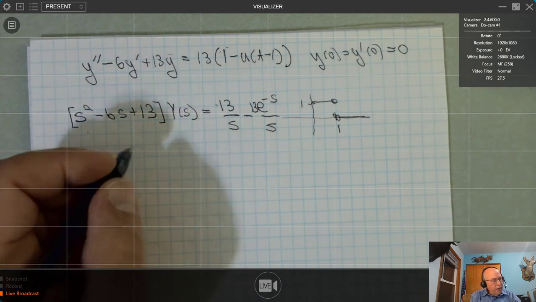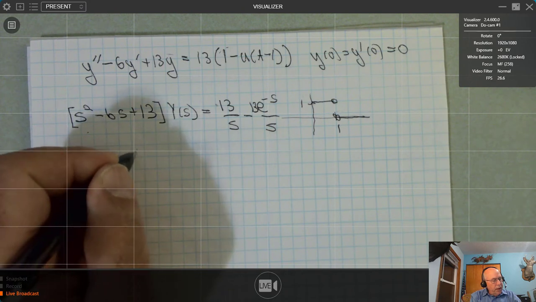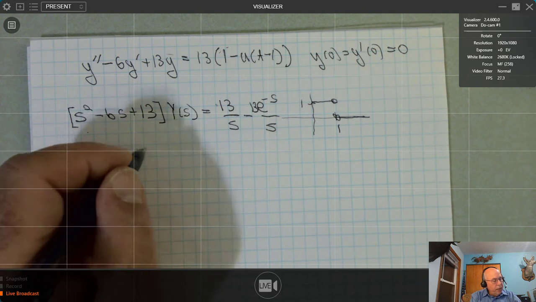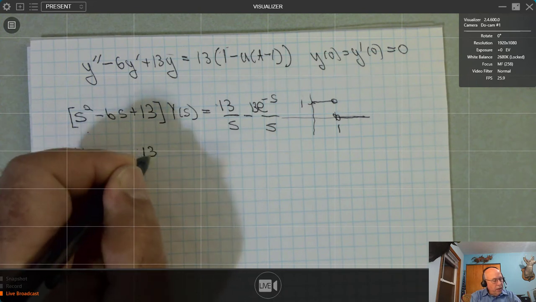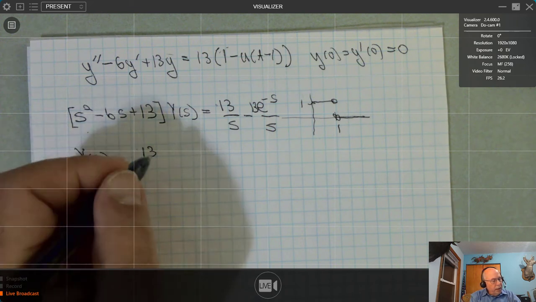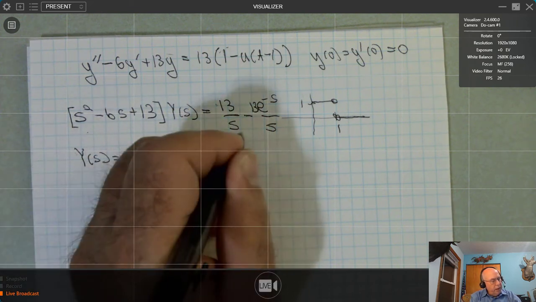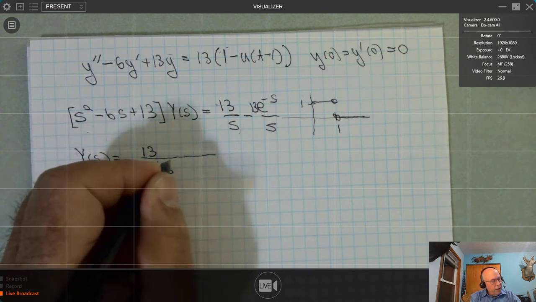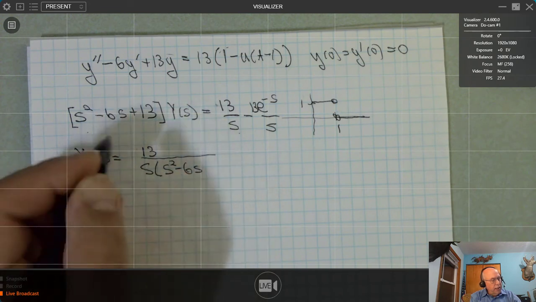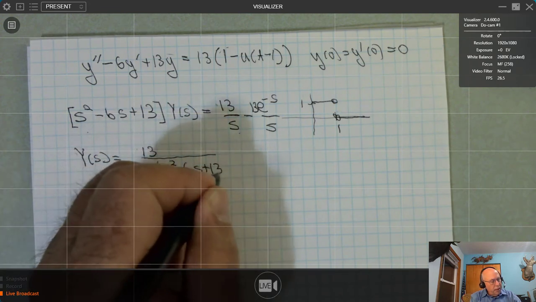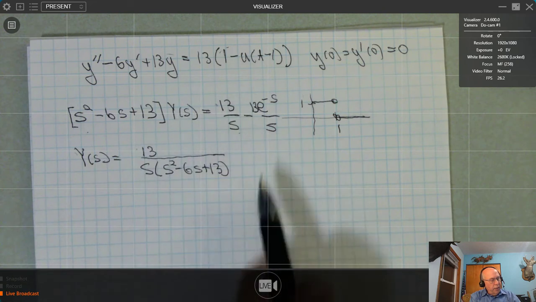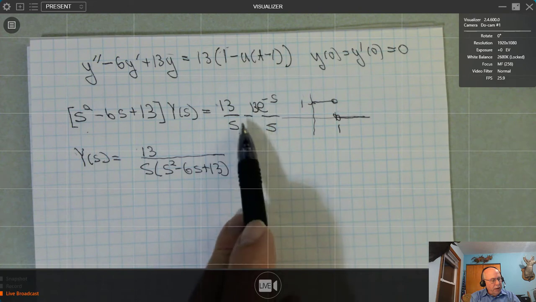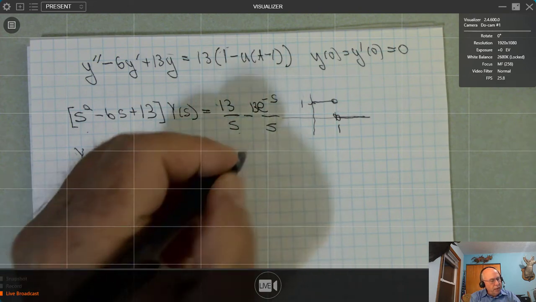So we have 13 over s from here, times s squared minus 6s plus 13. And then if you factor 13 over s off from this, you'd have left 1 minus e to the minus s.